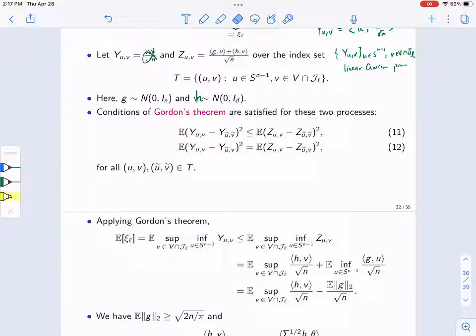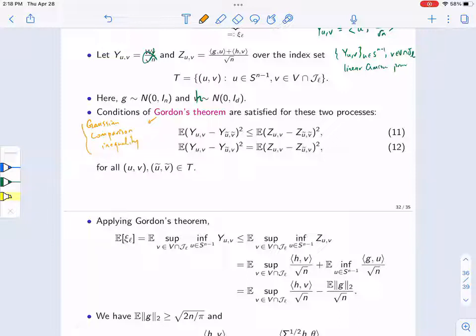That's the main thing. So if I take the expectation, this is a property of the process, a random variable. The expectation is bounded by the expectation of this. This is an example of a Gaussian comparison inequality. It's one of the more complicated versions.